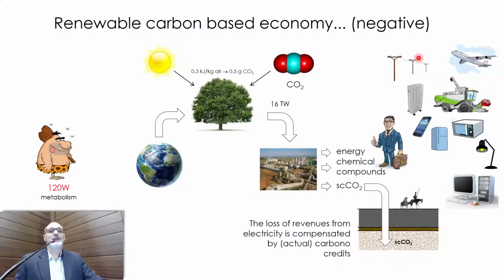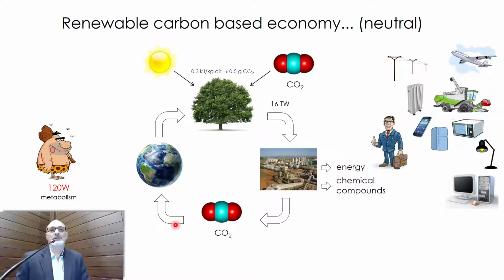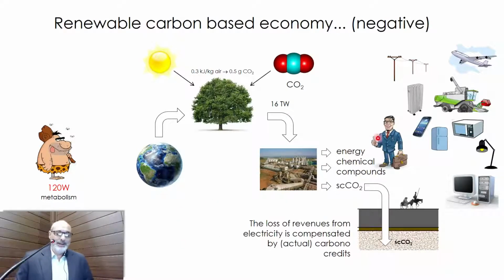Another possibility, a very interesting one, I'm going to show you. I hope I can convince you, because the idea may be quixotic, but instead of re-emitting CO2 to the atmosphere, you can take a little amount of this energy surplus and transform the CO2 into a supercritical CO2, which is a carbon carrier.